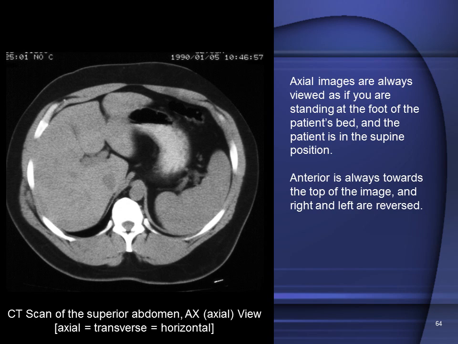Posteriorly, we can see the erector spinae group of muscles bilaterally. Finally, we see the spinal cord within the canal of the spinal column.